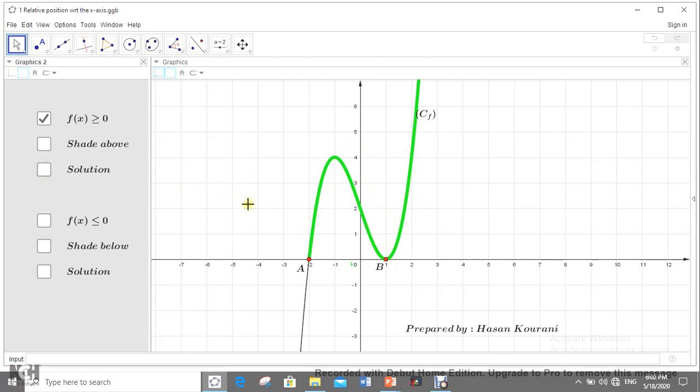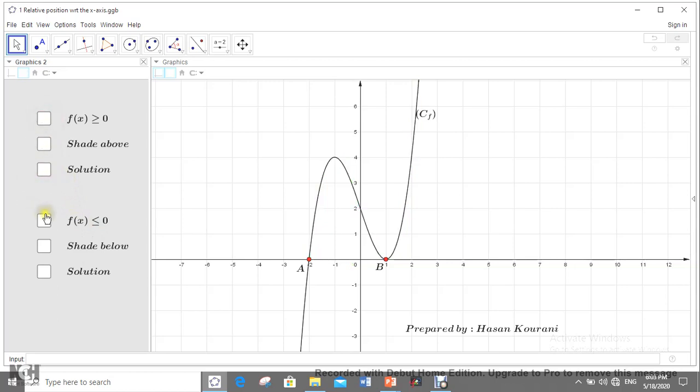So the solution of this inequality will be the x values of these points, which are all this semi-straight line from -2 closed interval till plus infinity. So when you are asked to solve f of x greater than or equal to 0, just look for this part or parts that lie above the x-axis and take their x values, their abscissas, to be the solution of this inequality.